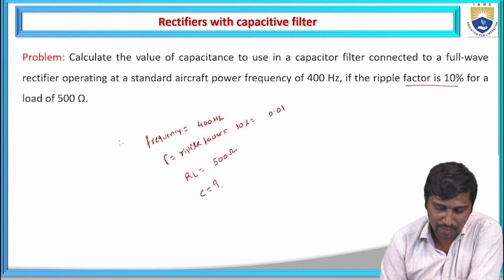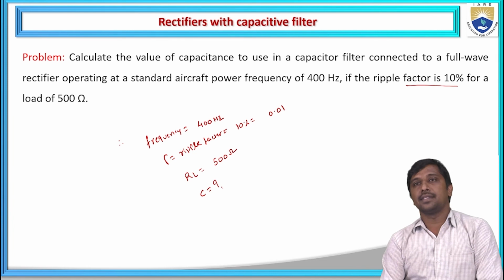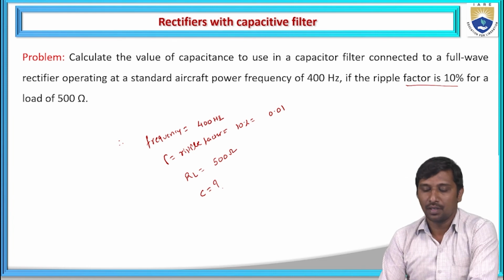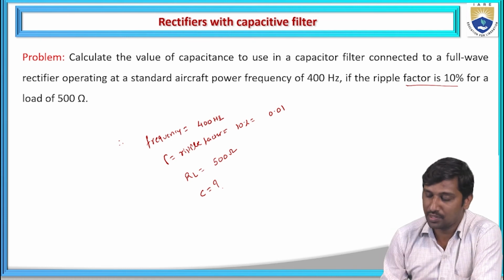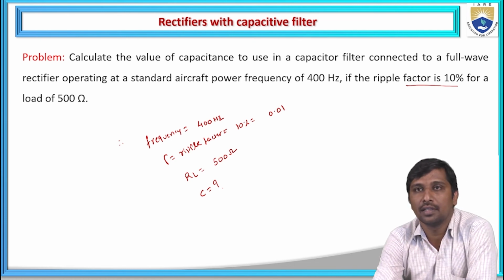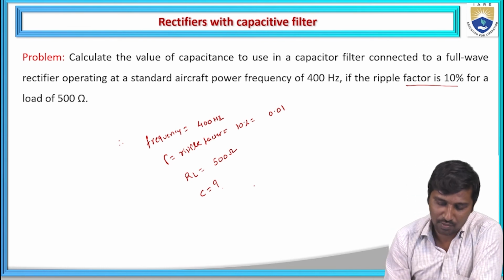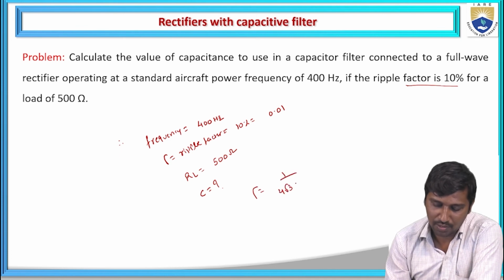Now we need to calculate how much capacitance is required. Just now we observed the relation between the capacitance and the load resistance with respect to the ripple factor. What is the formula? The ripple factor is equal to 1 by 4 root 3 into F into C into RL.